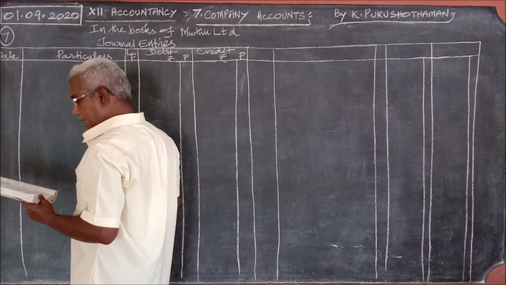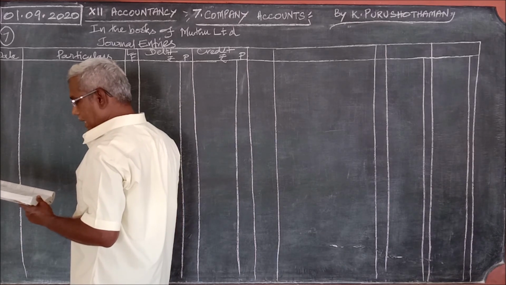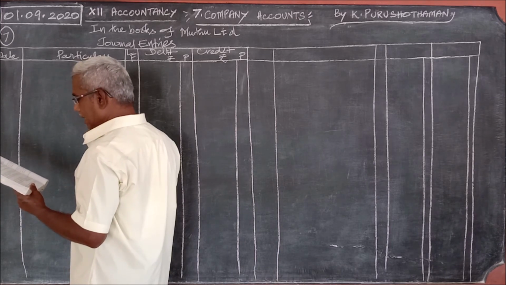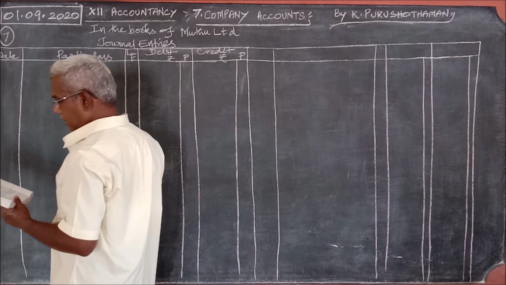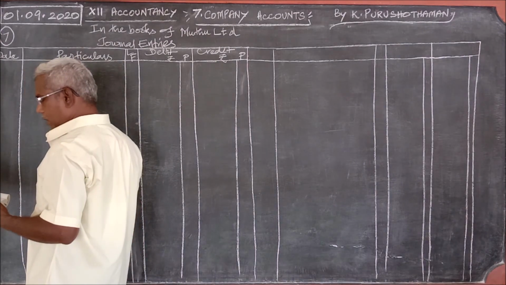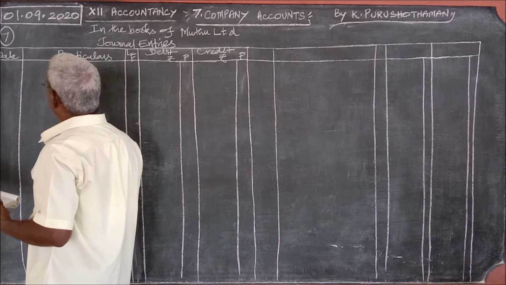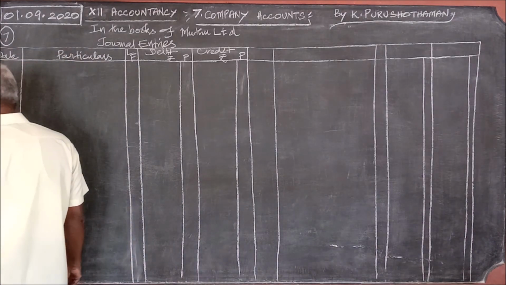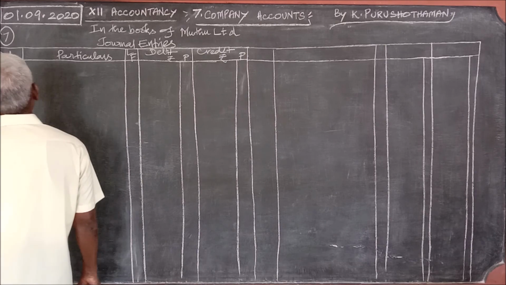We are supposed to pass entries only for calls using calls in arrear account, but I am going to give you all the journal entries for this.